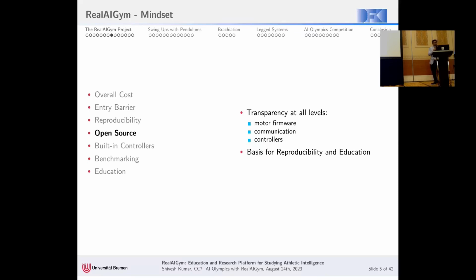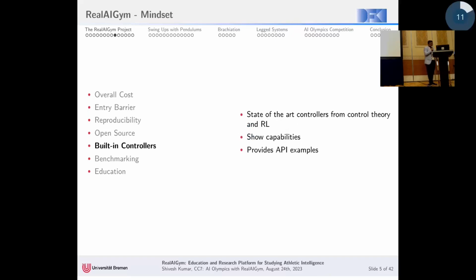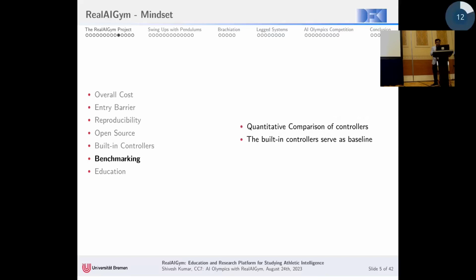We already provide a bunch of built-in controllers, starting from heuristics, classical control, model-based control, and also reinforcement learning. We provide a benchmarking environment with every system so that we can compare different controllers against the same set of metrics. And we want to promote the use of this ecosystem in education and research.